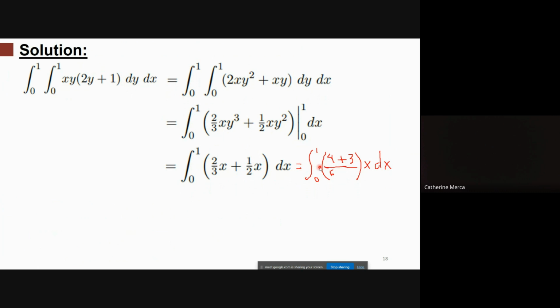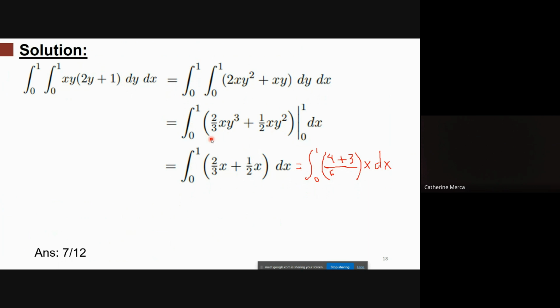I'll give you time to solve for the value of this integral. So you should have the following answer: 7 over 12.